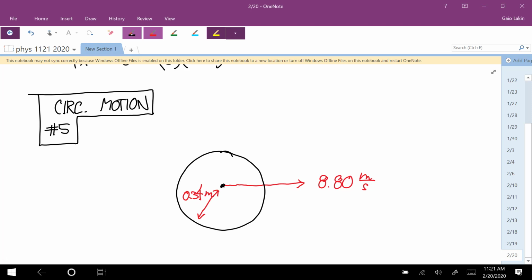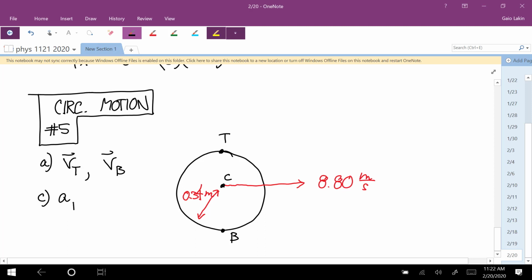And we want to calculate, if I call this C and the bottom B and the top T, the velocity at the top, the velocity at the bottom, and then C and D, we want to calculate the acceleration of the top, the acceleration of the bottom.